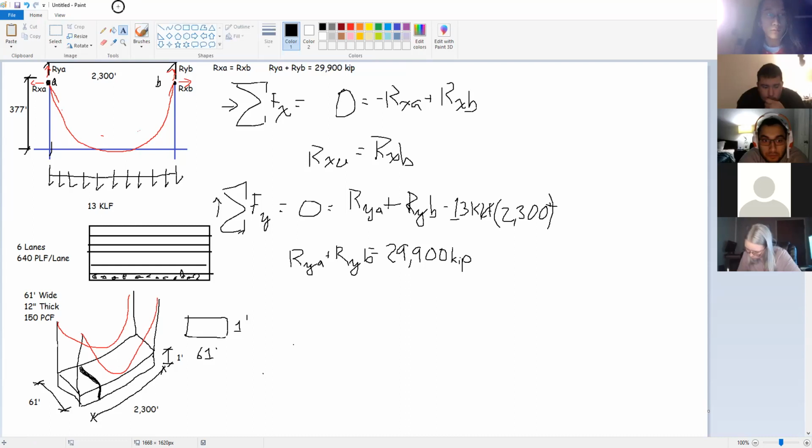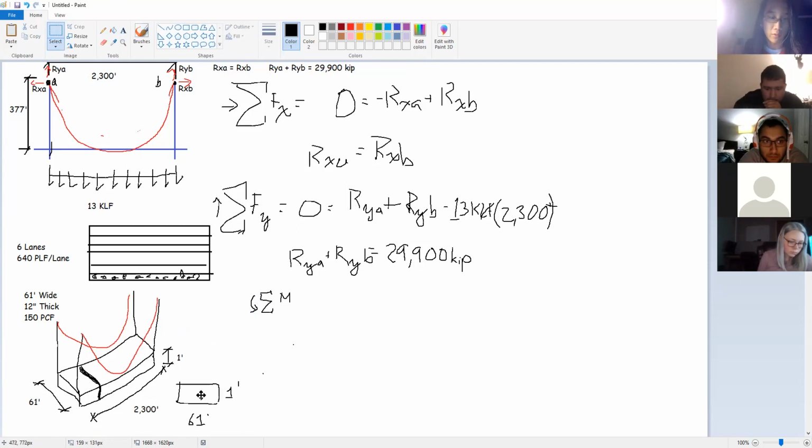Beautiful. Let's do moments right now. Yes, we're doing moments. Summation of moments, and we're going to go counterclockwise is positive. So where should we take the moments? Should we take them at A or B or somewhere else?